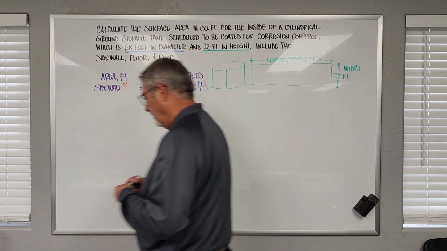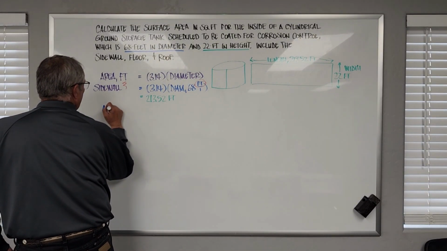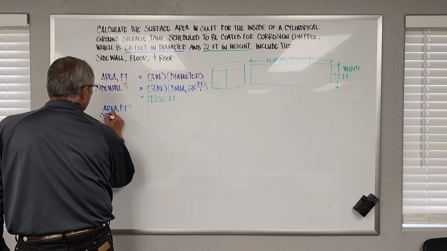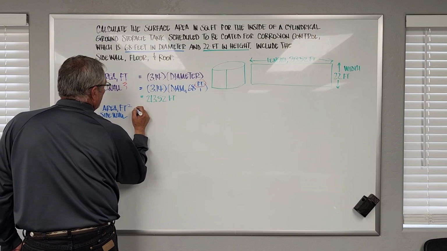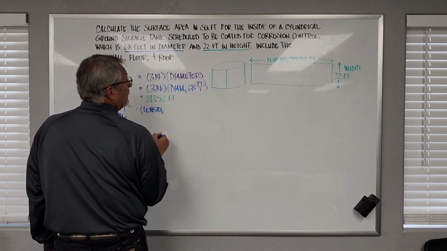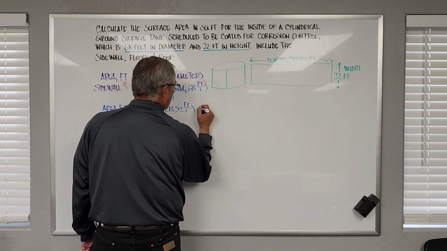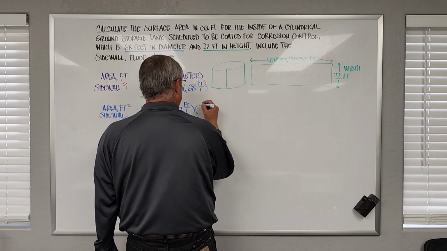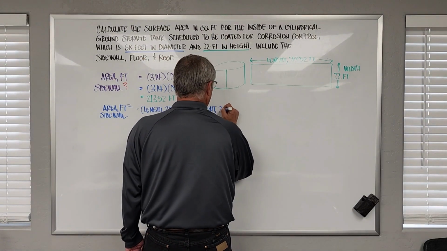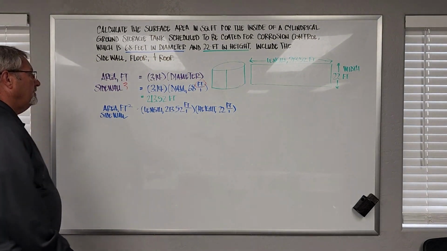So now, if I want area in square feet of the sidewall equals the length, 213.52 feet over 1, times height, which is 22 feet over 1. Let's cross cancel.